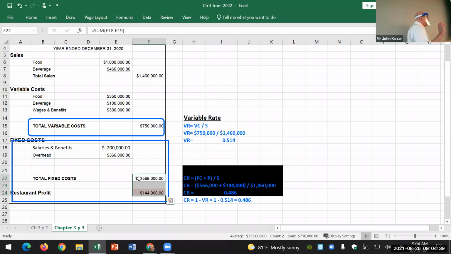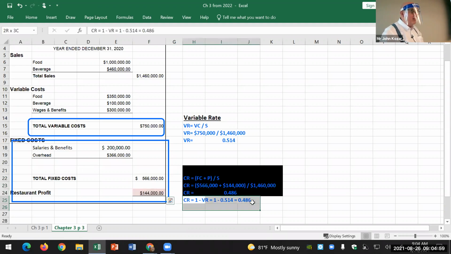Those two numbers added together are called our contribution margin, which is the amount of our expenses plus our profit. At all times, the easiest way to calculate this is that the contribution rate is equal to 1 minus the variable rate, because those two numbers have to add up to your total sales.